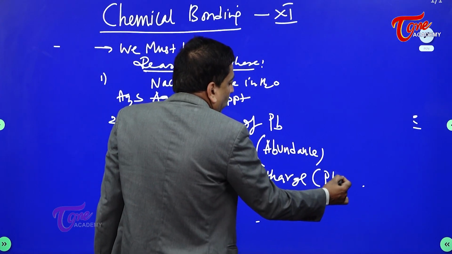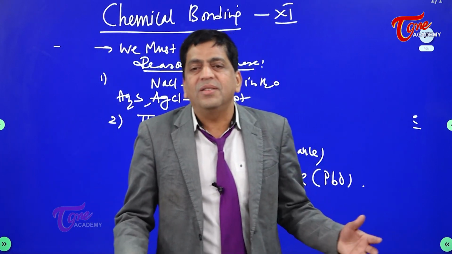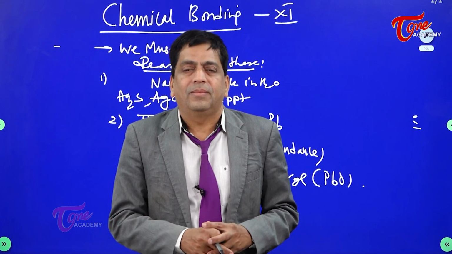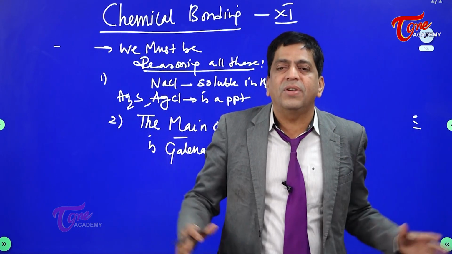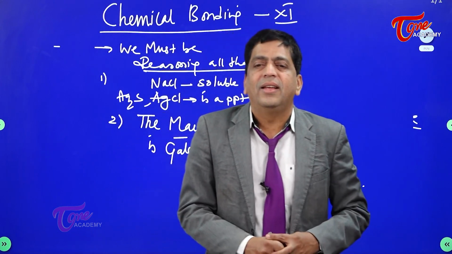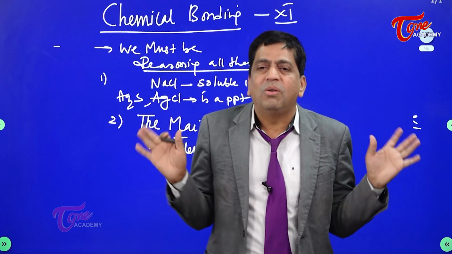That's PbO. And remember, to answer this, it's not philosophical or religious. It's a natural thing. Understand that if you dig the entire surface of the earth searching for ores of lead, the more abundant is galena and not PbO.